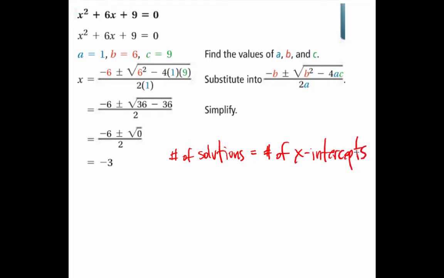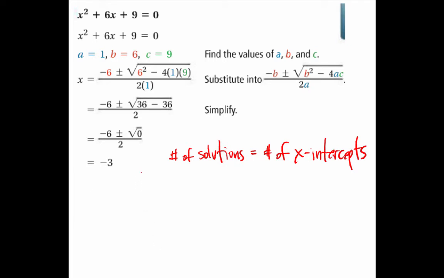Okay, so remember, one of the techniques that we have to solve a quadratic is to solve by graphing, and we look for the x-intercepts. So the interpretation here, when we get this one solution from the quadratic formula, that's the only place where our quadratic intersects the x-axis.